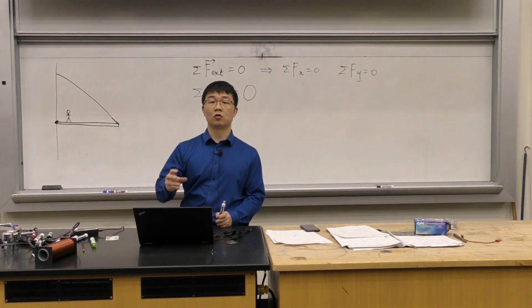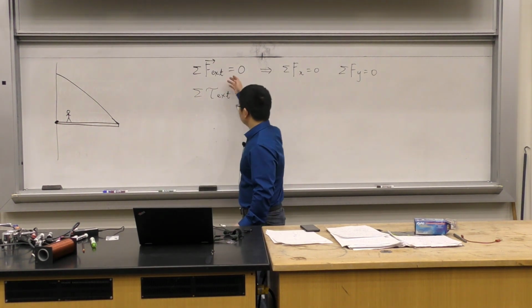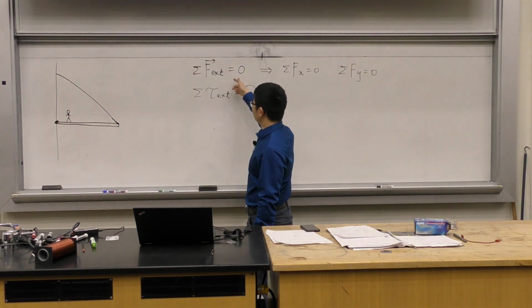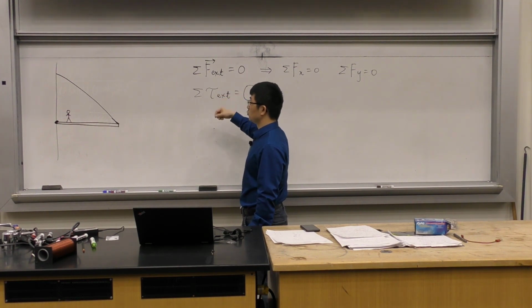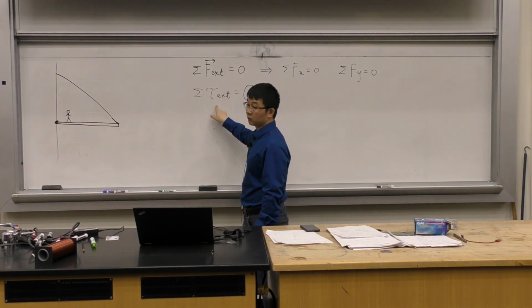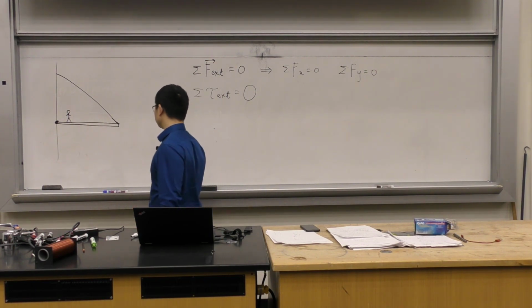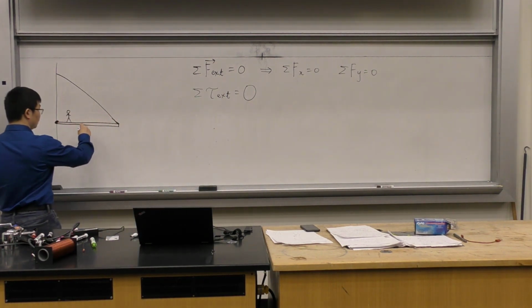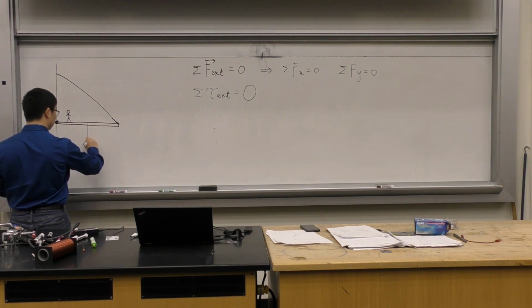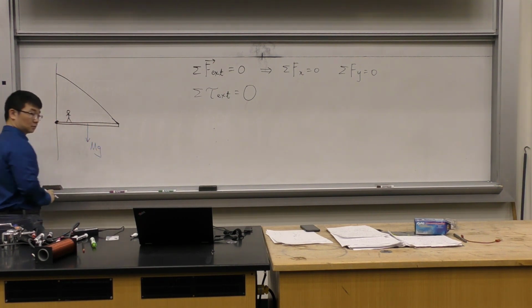Now let's draw a force diagram. So these two equations, if you want to set up either one, you will need to draw all the forces, right? Even the torque, you need to calculate that using force. So how many forces on the beam? The beam has its own gravity, right?